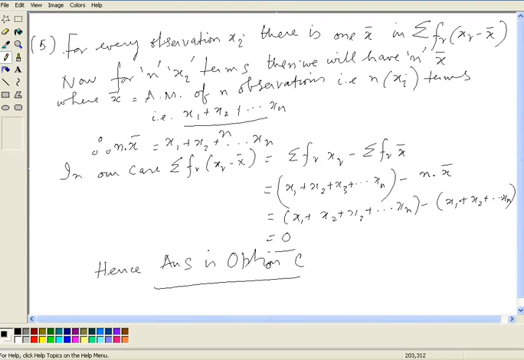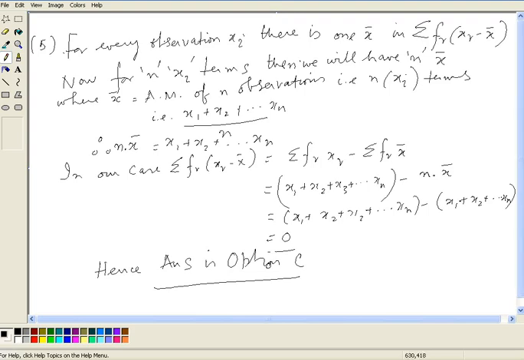Therefore n into x bar is equal to x1 plus x2, etc., up to xn. In our case, sigma fr of xr minus x bar can be written as sigma fr xr minus sigma fr x bar. Sigma fr xr is nothing but x1 plus x2 plus x3 up to xn, and sigma fr x bar is nothing but n times your x bar, which is also equal to x1 plus x2 plus x3 up to xn.